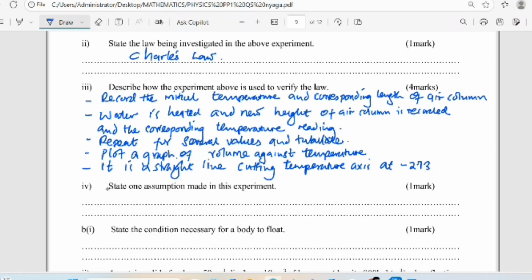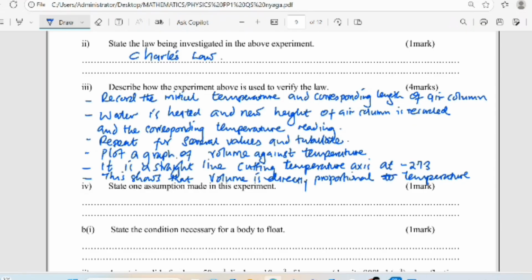Then this shows that volume is directly proportional to temperature when pressure is constant.